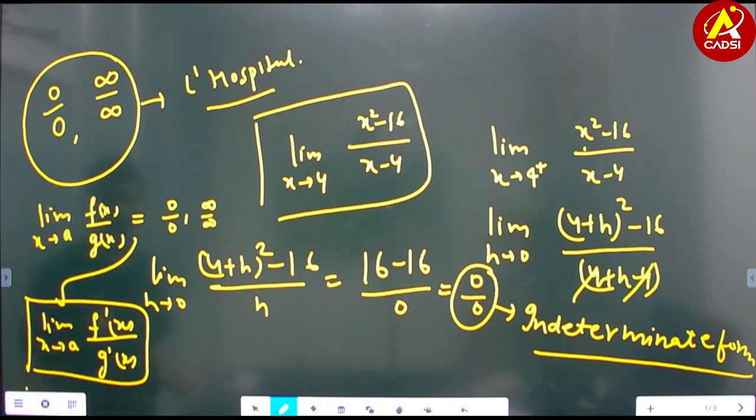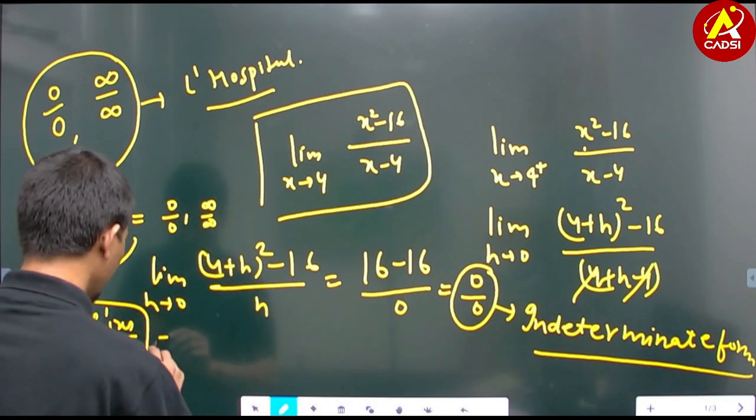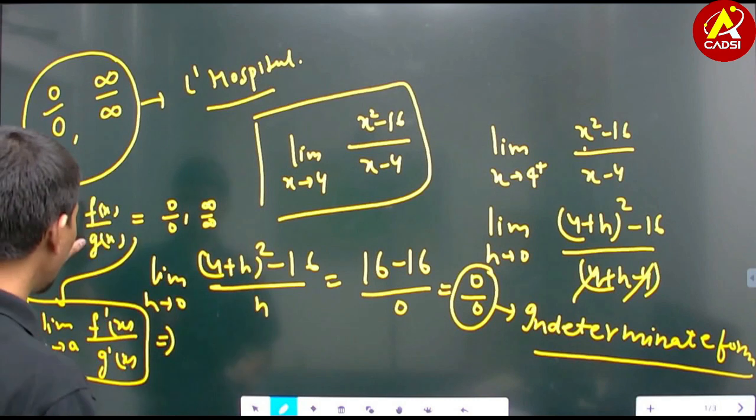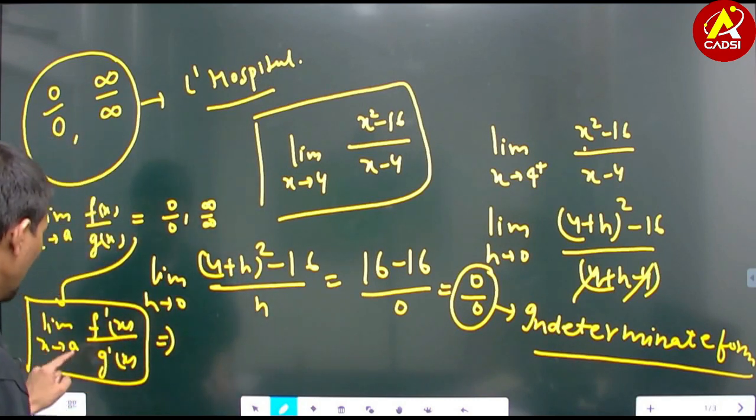That will be the value of this limit when we put x tending to a.